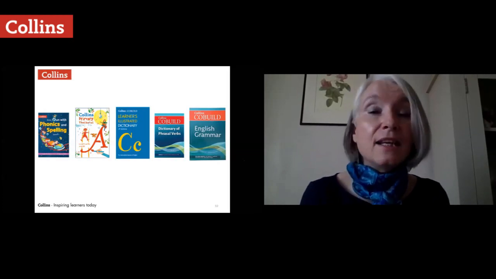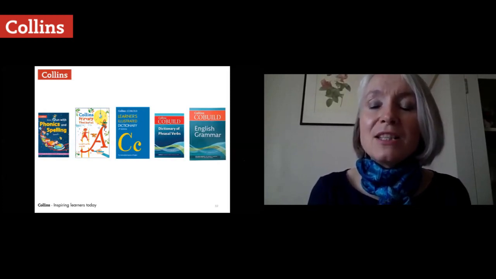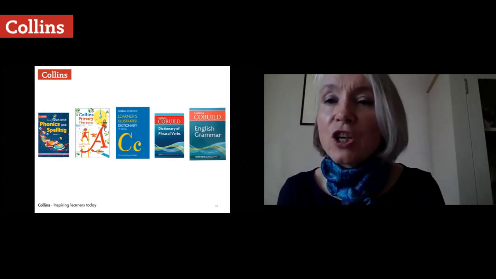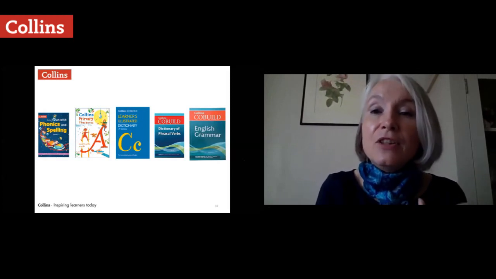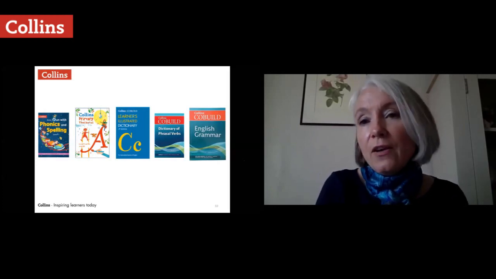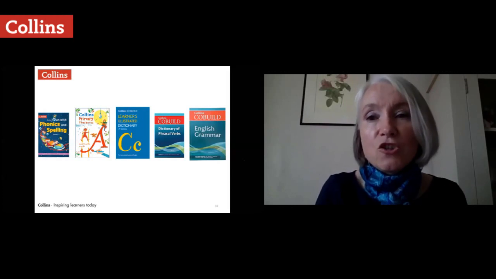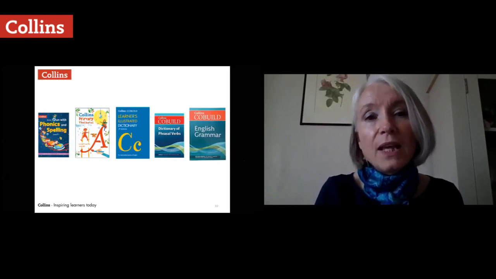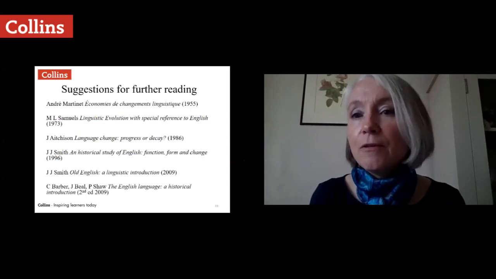This understanding of why English is so complex and why that complexity is driven by the history of the language. We need to take that and make sure we're using the right resources to help our learners navigate the different challenges that we find in English because of all of the leftovers, because of the history of the language. And these are some suggestions for further reading if anybody would like to find out more.